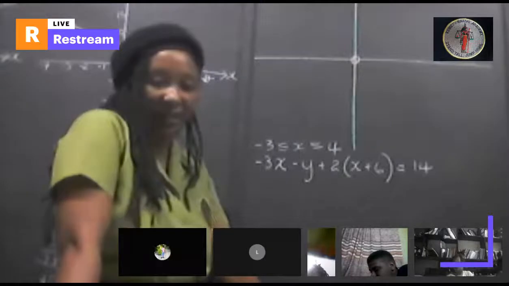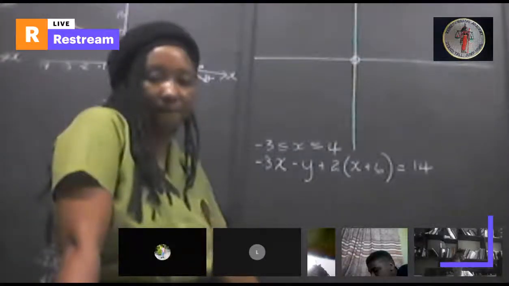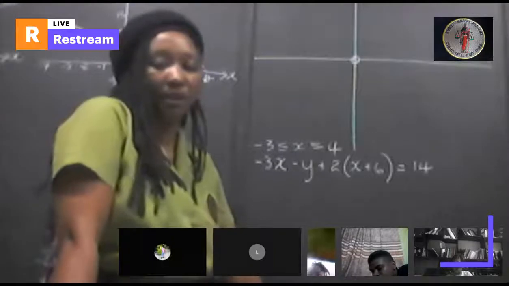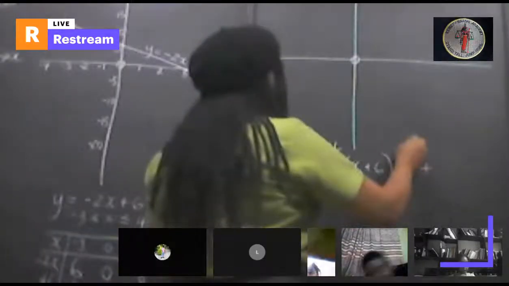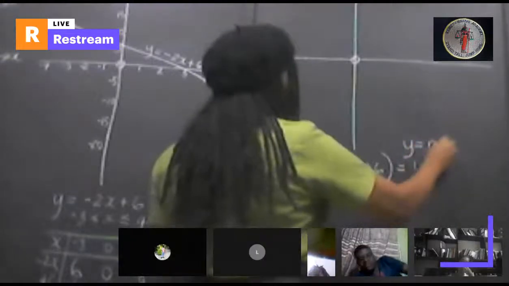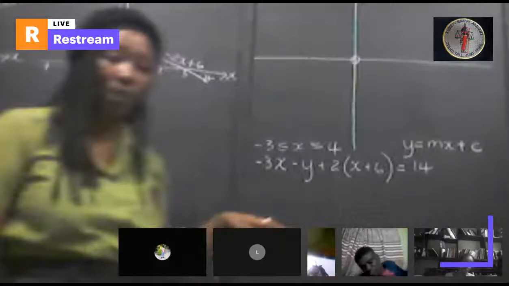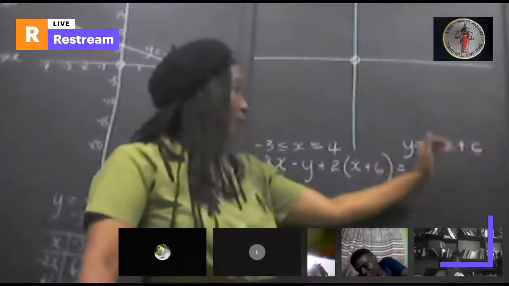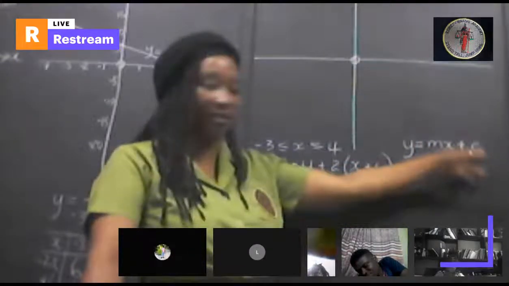Miss, because a normal graph equation would be y equals. So remember, to know what we're going to do, the general format of the linear equation is y equals mx plus c, where m is the gradient and c is the y-intercept or the constant term.